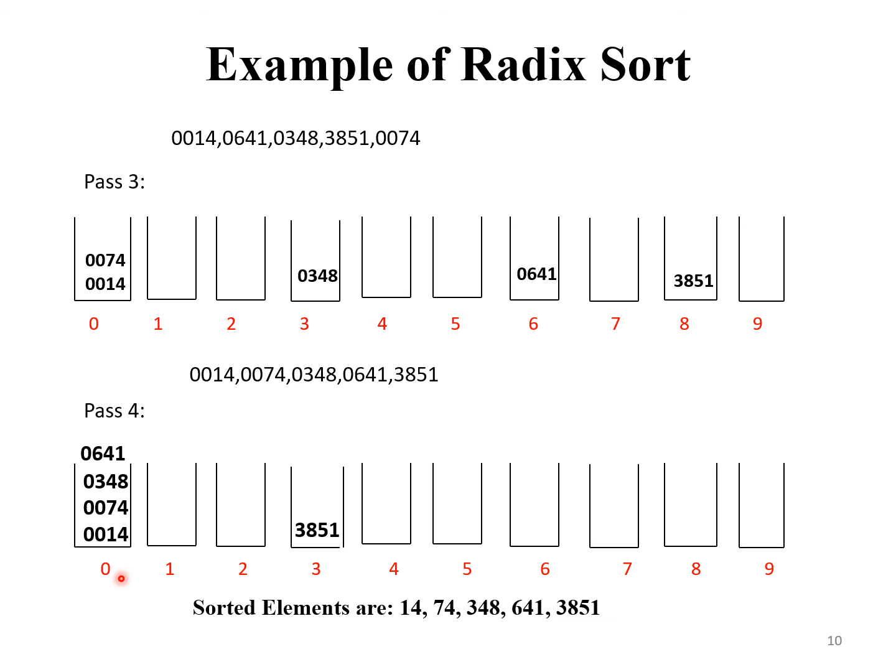So we got our sorted array: 14, 74, 348, 641 and 3851. Here we easily sorted our array in ascending order using Radix sort.